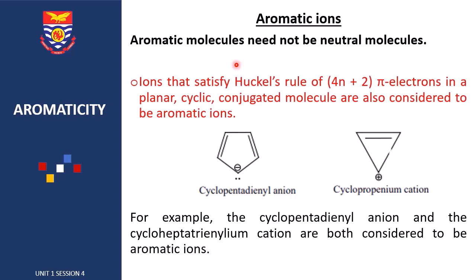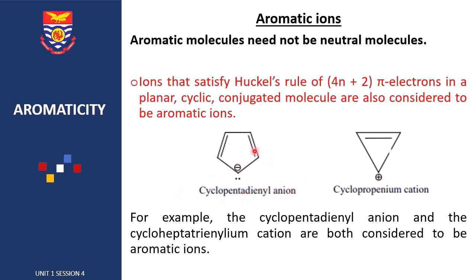Last will be aromatic ions. So an aromatic compound does not necessarily have to be neutral, but there are cases where certain ions attached to the ring make the ring aromatic. So a typical example is the cyclopentadienyl anion.